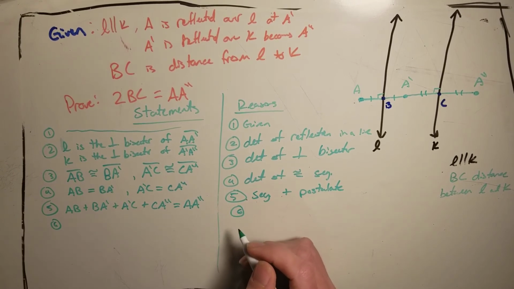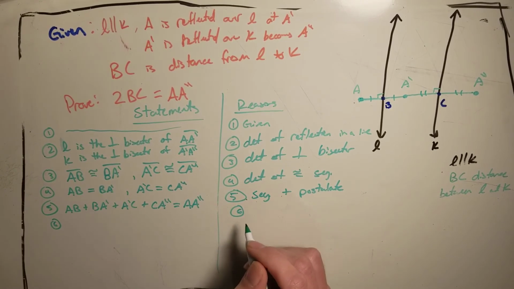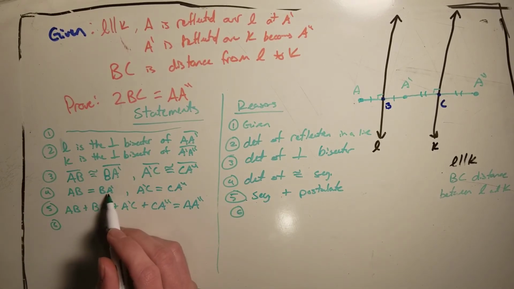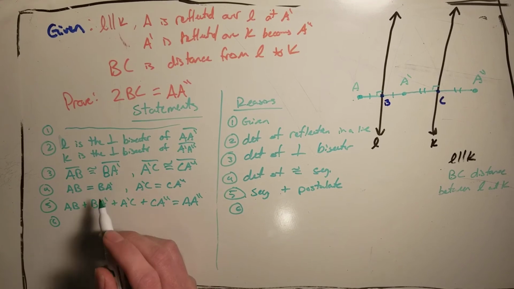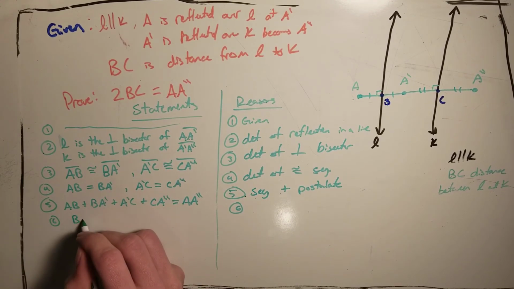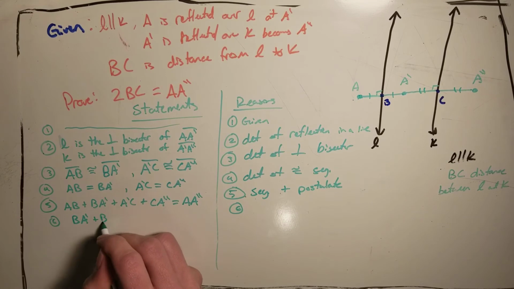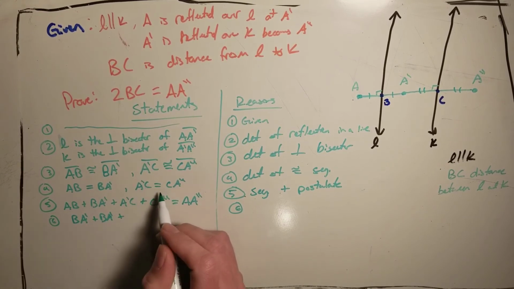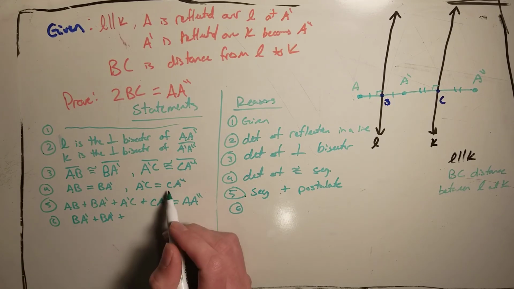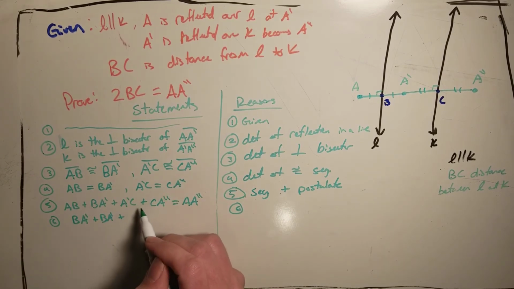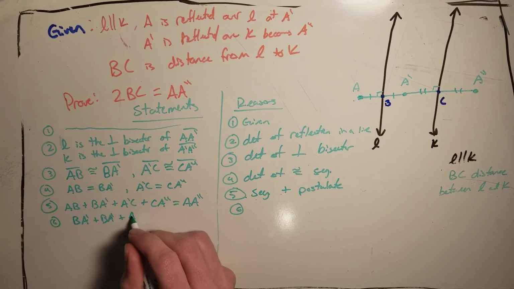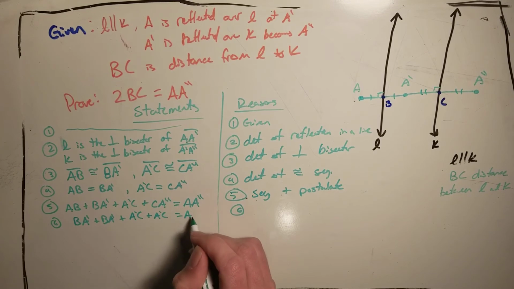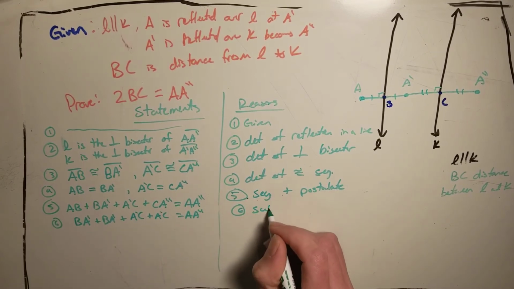So then our 6th step in this proof, now we can do a little substitution. AB is the same thing as BA prime. They have the same measure. So wherever I see an AB, I can replace that with BA prime. And whenever I see a CA double prime, I can replace that with A prime C. So I'm going to use these as our segments to substitute.